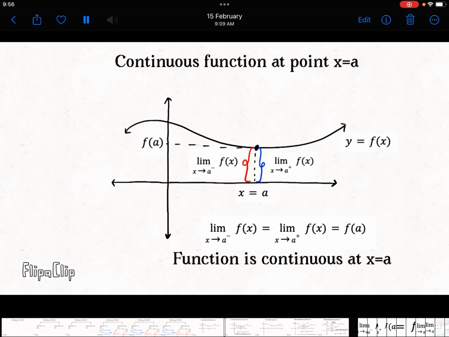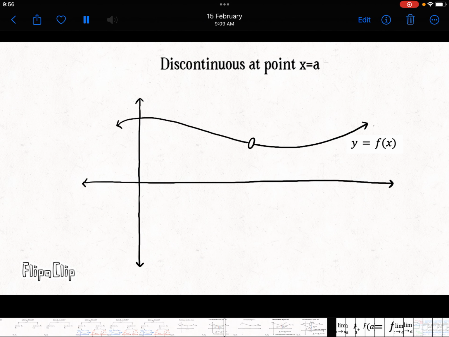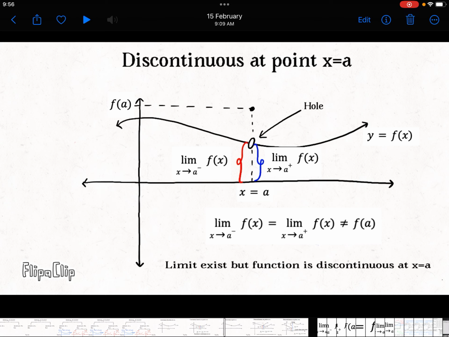Now let's see what conditions there are for a discontinuous function. A discontinuous function is of two types. One is a hole. If there is a hole, then the limit as x tends to a minus of f(x), which is from the left hand side, is equal to the limit as x tends to a plus of f(x) from the right hand side, and that value is not equal to f(a), because at the point x equals a, the value of the function is f(a), represented by a dot.